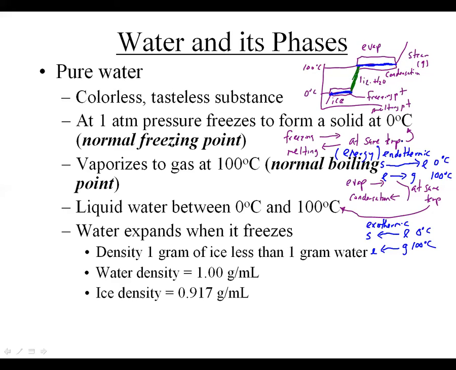So water is one of the few substances where its density in the liquid phase is actually more than its density in the solid phase. And that is why when we put something like ice cubes into our beverage, our ice cubes will typically float on top of the liquid part.